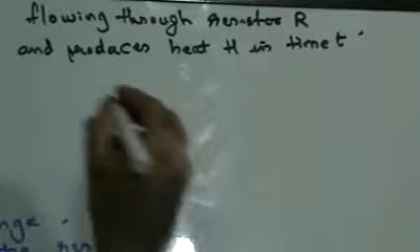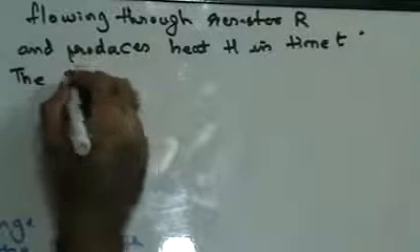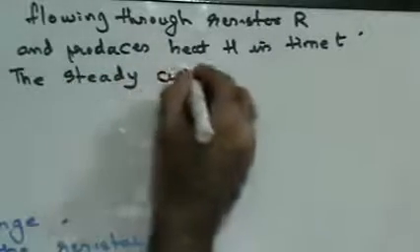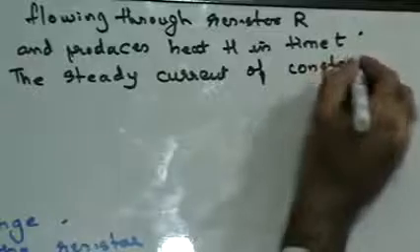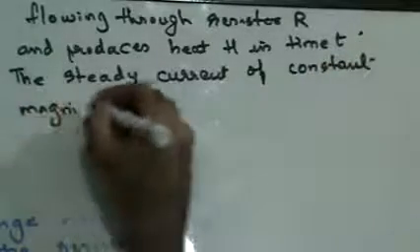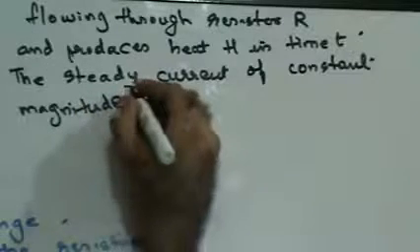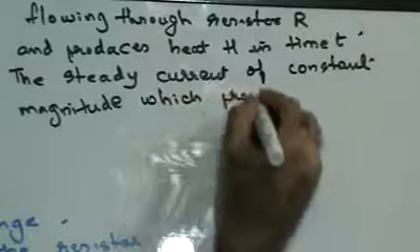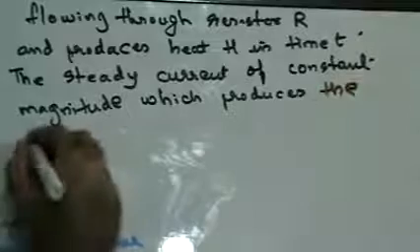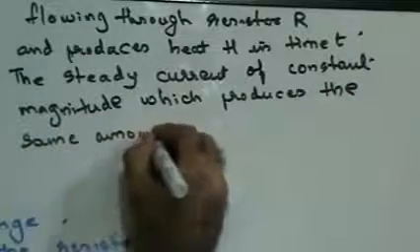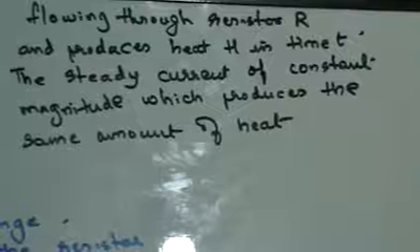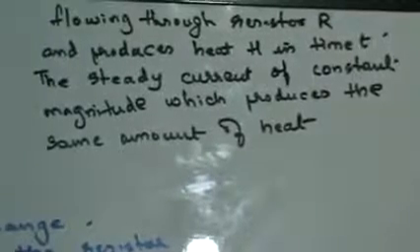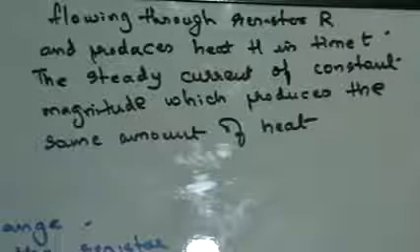I can say that the steady state current of constant magnitude which produces the same amount of heat, that means instead of an AC current, if I had a DC current flowing through the circuit and the same amount of heat was produced, the value of that DC current would be the effective value of the AC current that is flowing through the circuit.